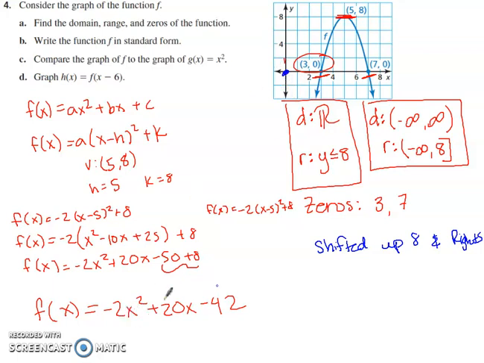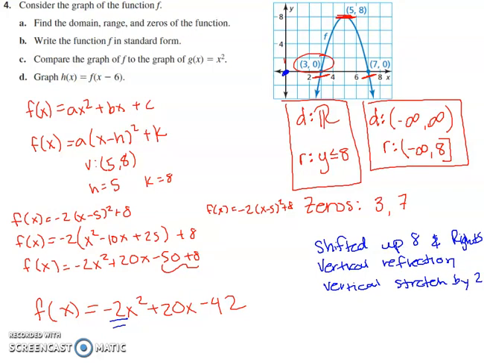Looking at my a value, I notice that a is negative 2, so there is a vertical reflection. And we multiplied all of our up values by 2, so there is a vertical stretch by 2. And that would be part C.